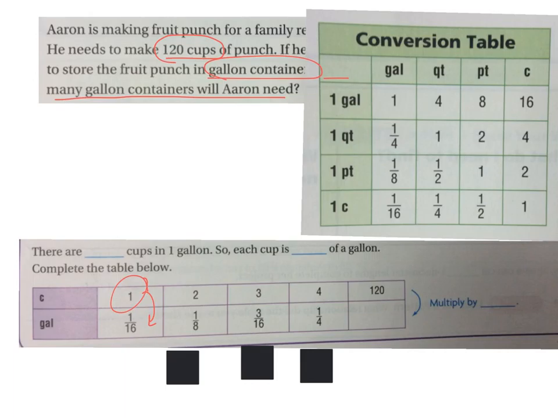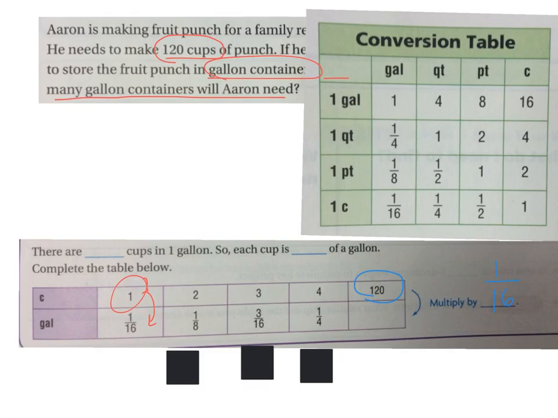Yeah, so we can see that the rule to move from cups to gallons is to multiply by 1/16. Okay? So given that, if I have 120 cups, how many gallon containers would I need? Go ahead and fill in that blank in your table.